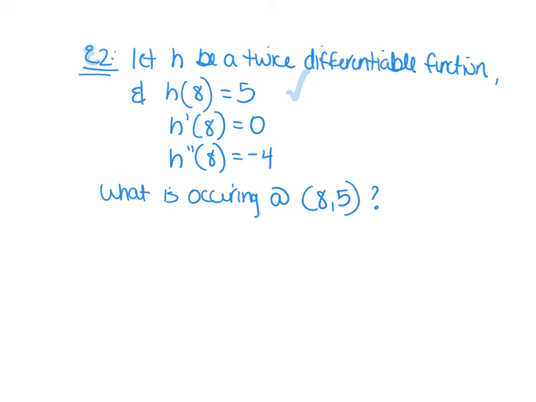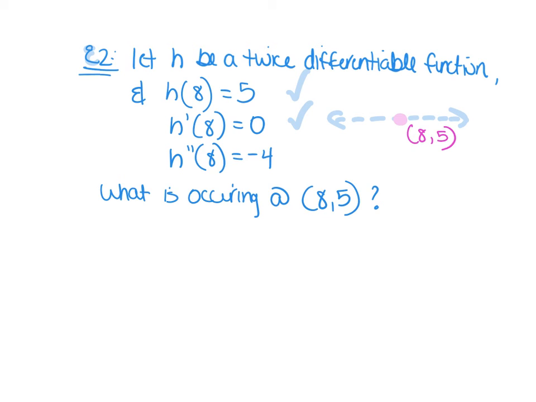But what we do know is that we have this function value 8, 5. The first derivative equals 0. So what is that telling us? That means you must have a horizontal tangent line at that point, 8, 5. And what we have to decide is if it's concave up or concave down at 8, 5.